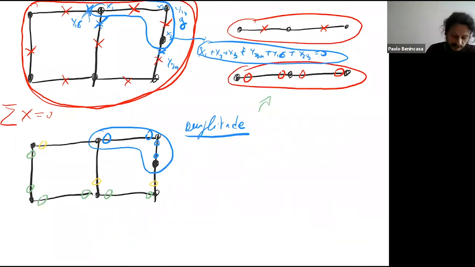You can see that here you have the very same structure. So this marking that I drew in green also defines an amplitude.